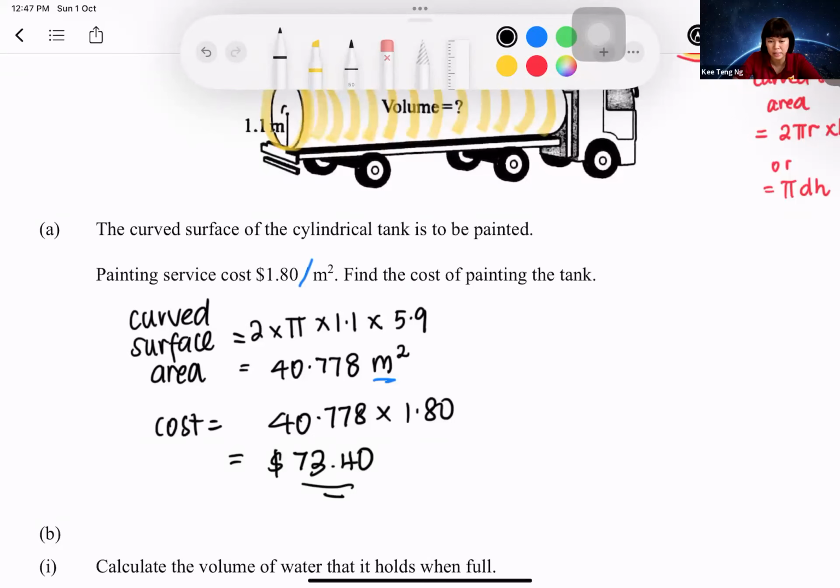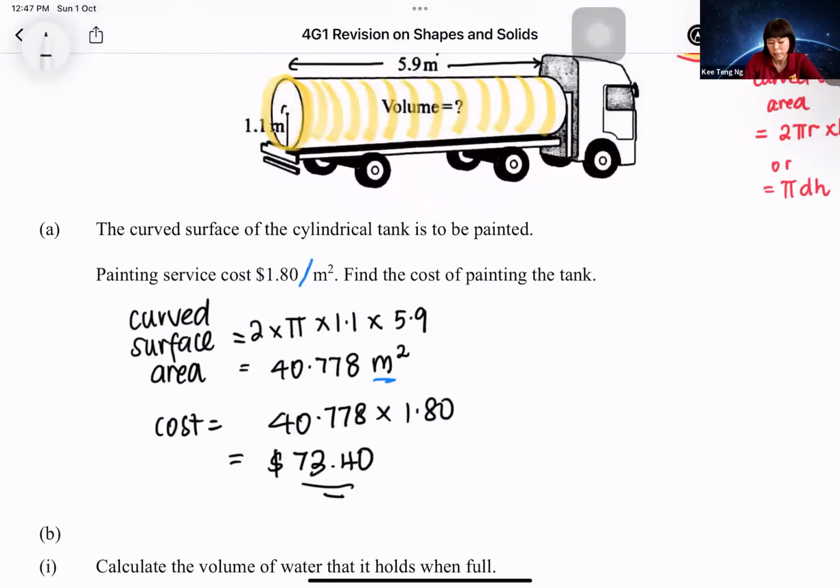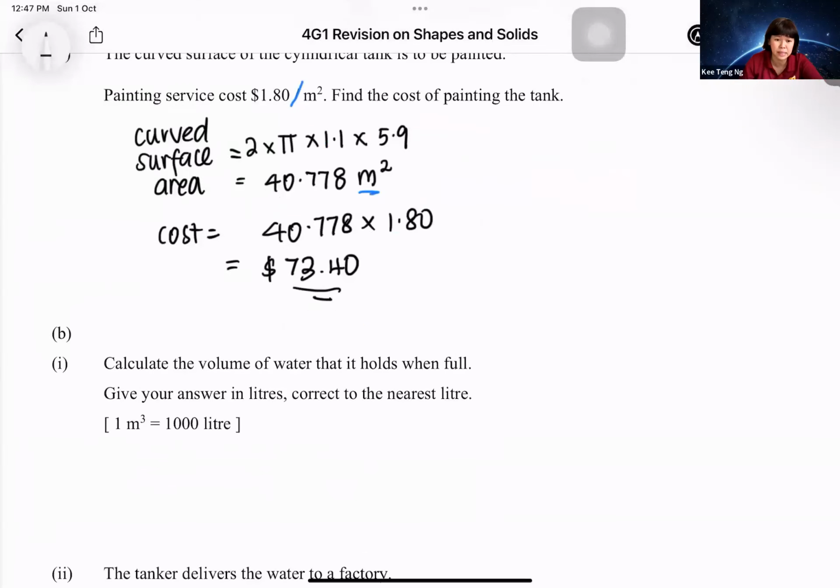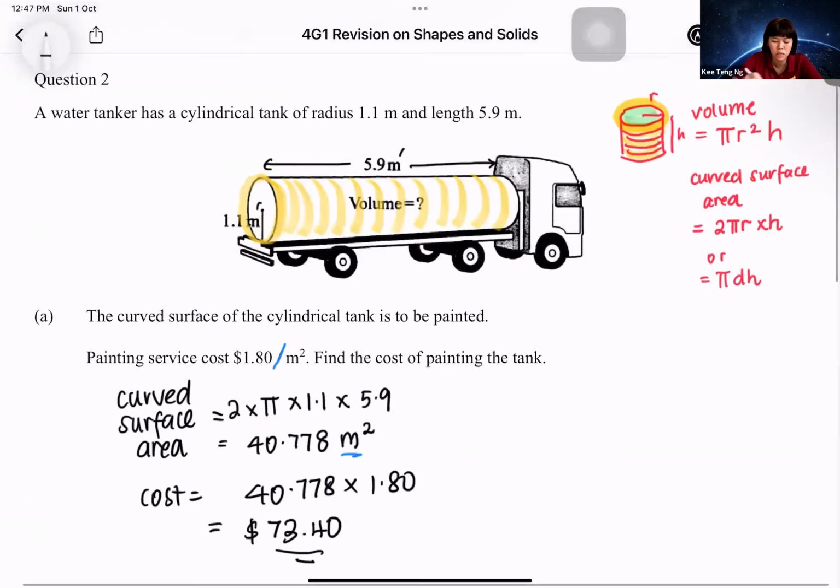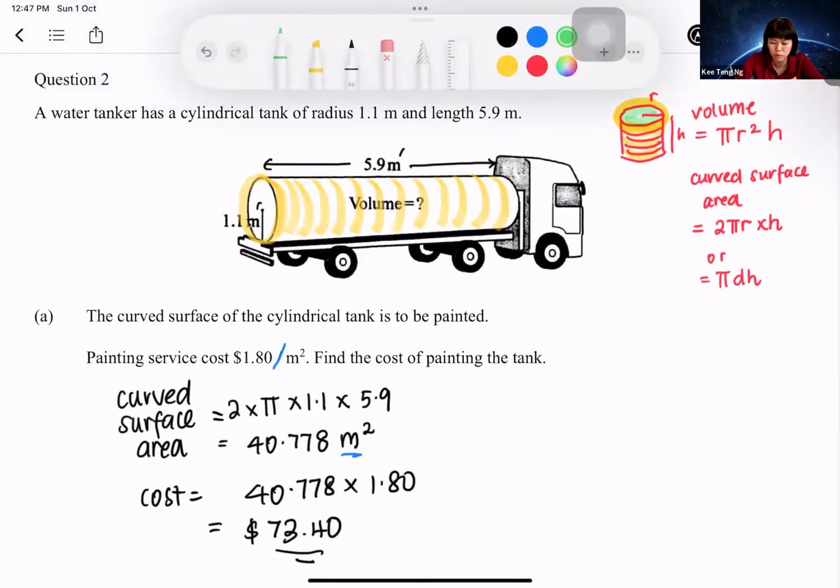Have you gotten the answer? Okay, next one, part B says, calculate the volume of the water that it holds. For the volume of water, we need to find the base area, which is the circle, pi r square times the whole length.